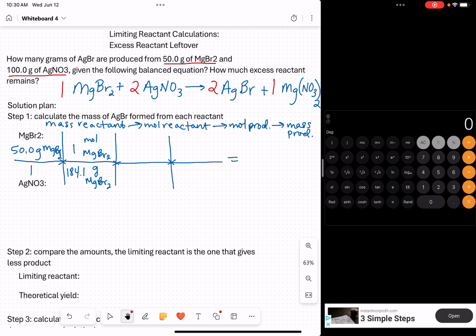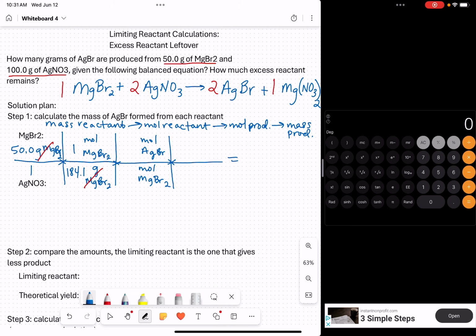The next thing I need to do, now that I have canceled out grams of magnesium bromide and converted to moles of magnesium bromide, is convert the moles of magnesium bromide to moles of the product that I'm interested in, which is silver bromide.